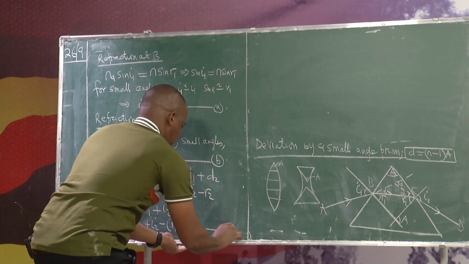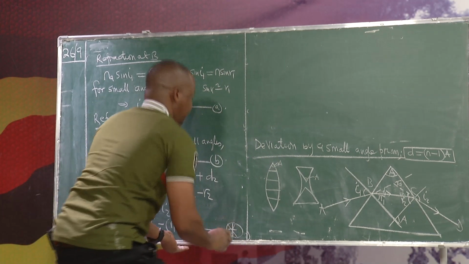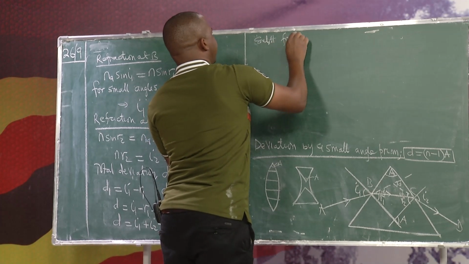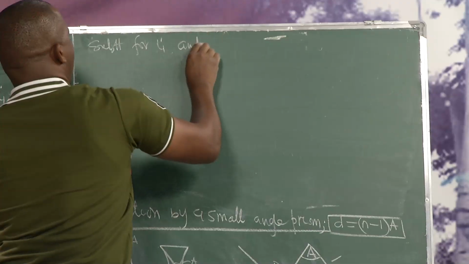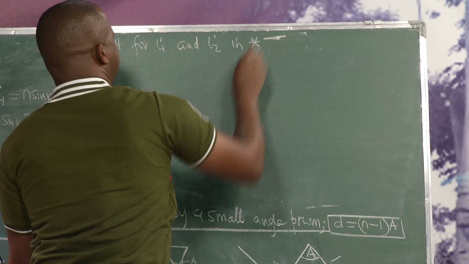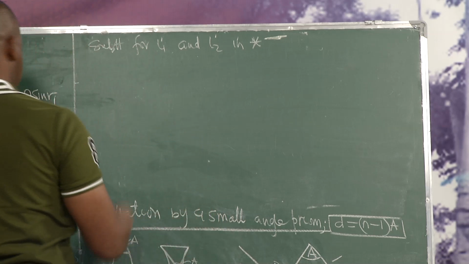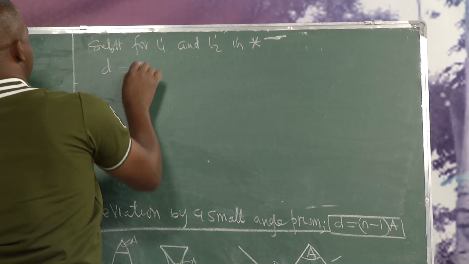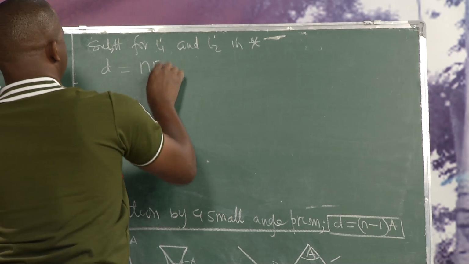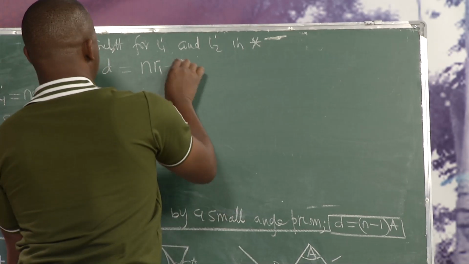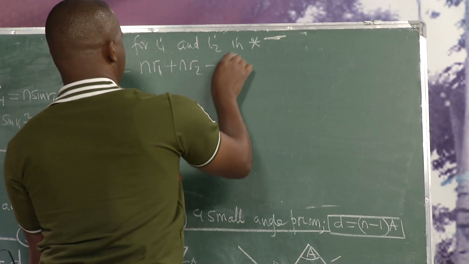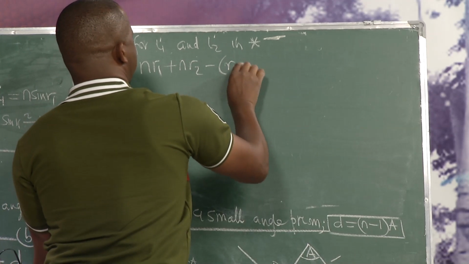In this equation, substitute for I1 and I2 in star. If I do that, my D will become my I1, which is nR1. My I2 is nR2, and I am taking away the sum of R1 plus R2.